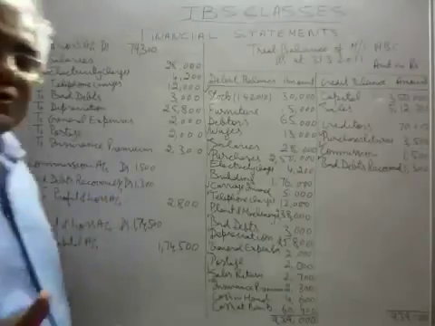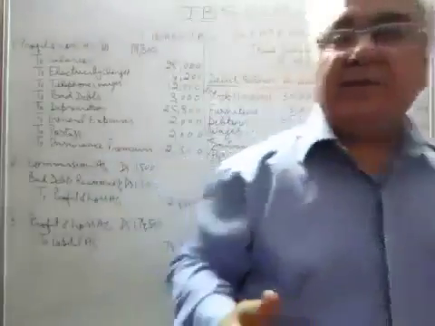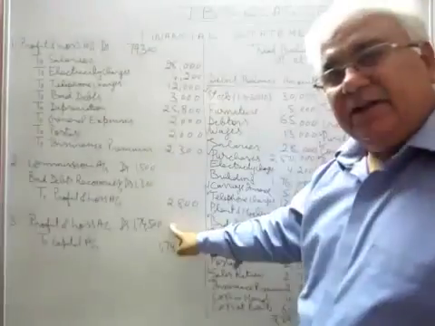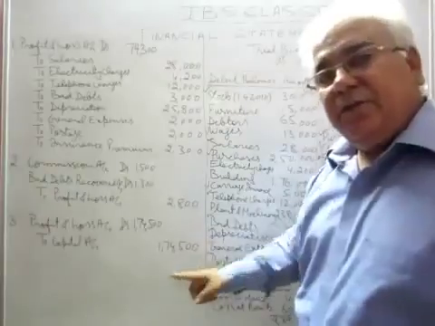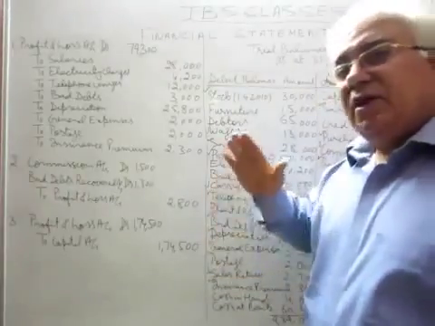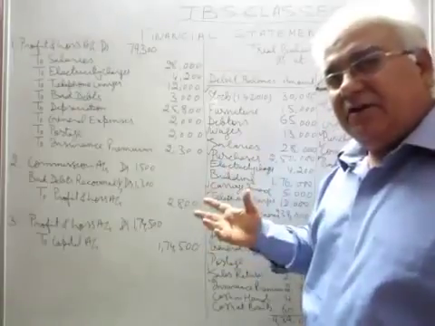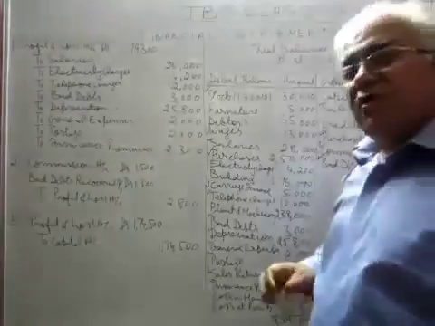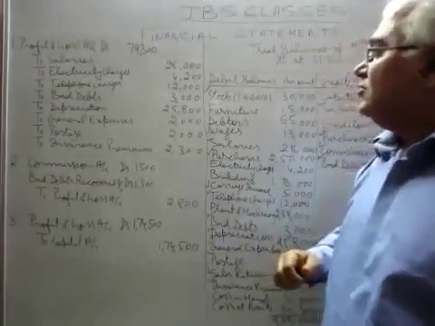Now when you prepare the profit and loss account, you find that there is a profit of 1,74,500. How have we arrived at this figure? You know, the gross profit was 2,51,000. From the amount of gross profit, we have to reduce all the expenses.